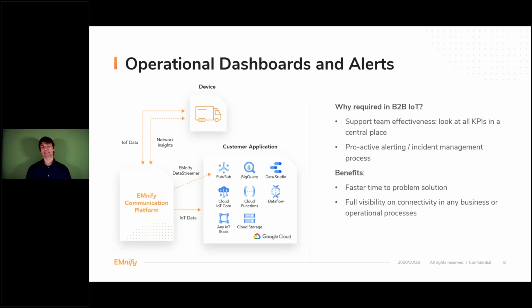If you, for example, have a mechanism to trigger an incident process if something is going wrong, or your support teams have a dashboard where all the data from device, application, and infrastructure is shown, then you also want to have connectivity in there so that your support team is able to directly see what's happening and what the root cause is.